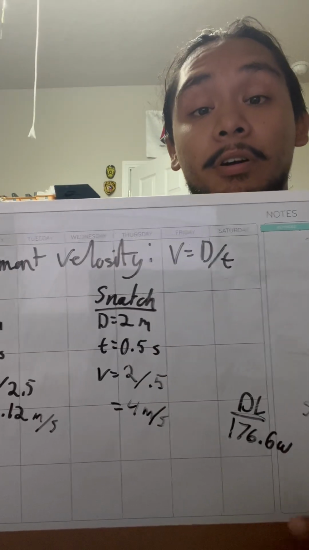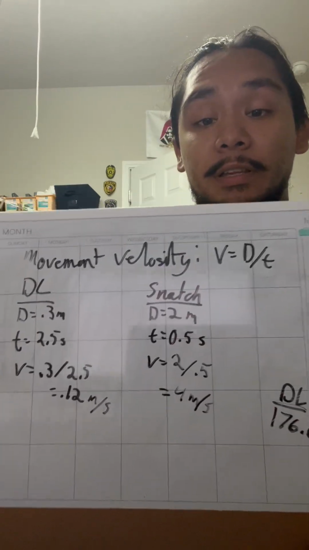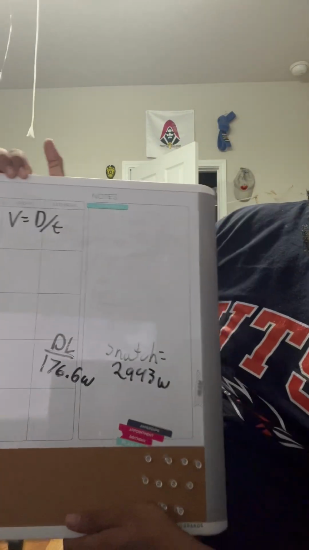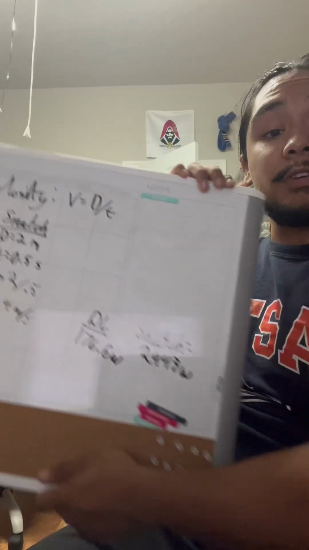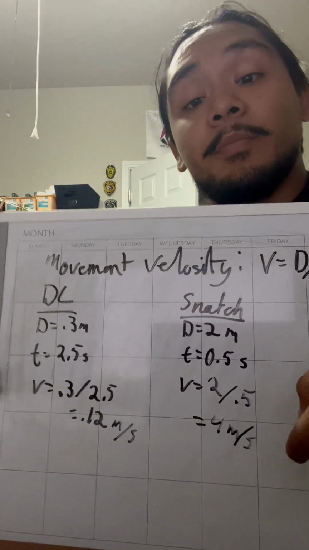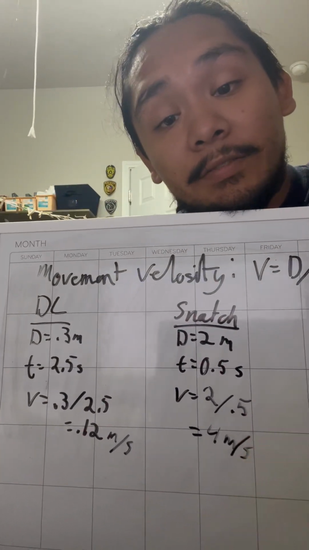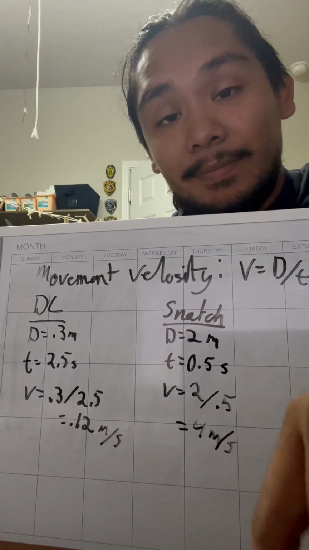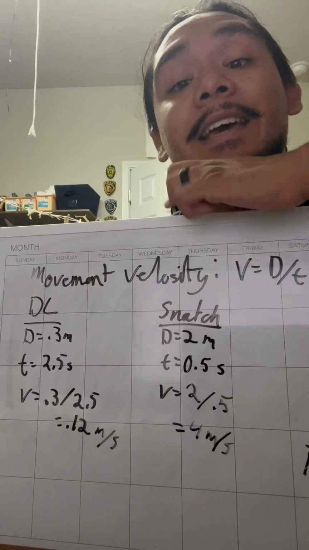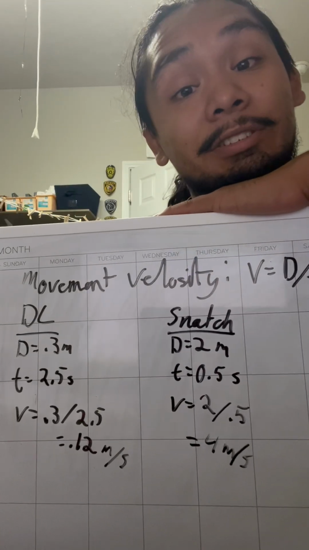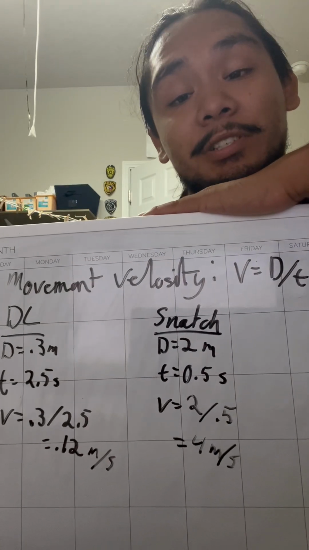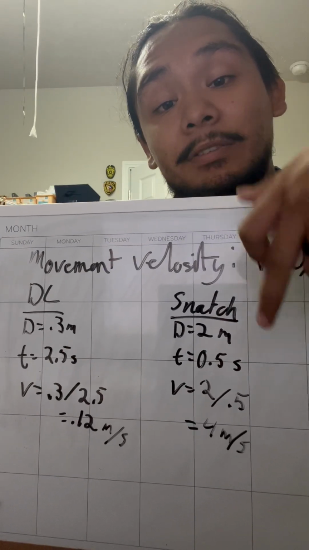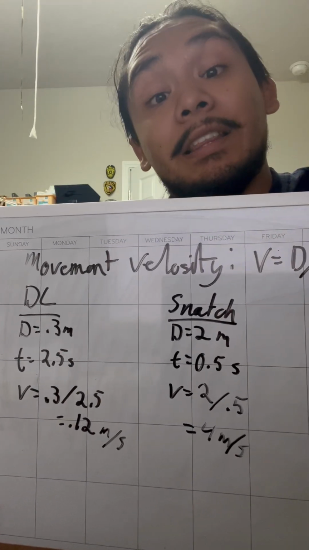When we discovered our movement velocity, we saw that the snatch is moving much faster than the deadlift, meaning the deadlift was using a lot of effort and as much strength as possible, while the snatch was done with a lot of power and a lot of speed.